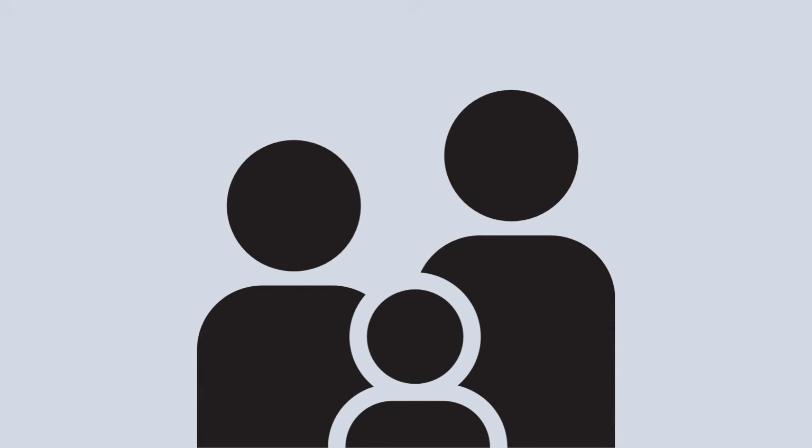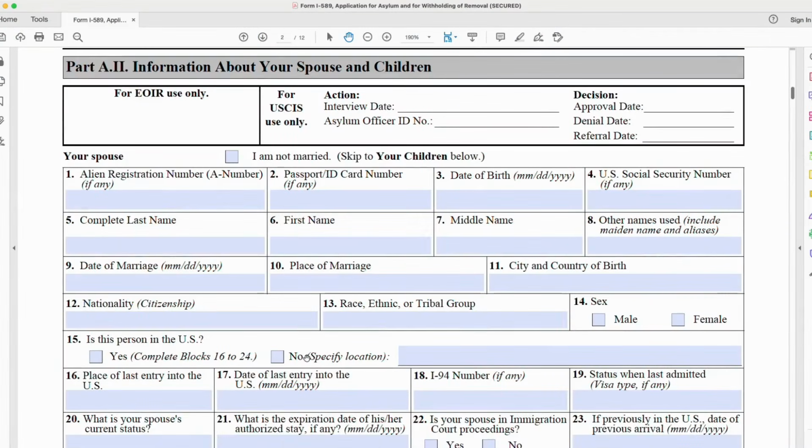If you do have a spouse or children, complete these sections by providing the requested information. If there are questions you do not know the answer to, you can write unknown. If there are questions that do not apply to their situation, you can write N/A.